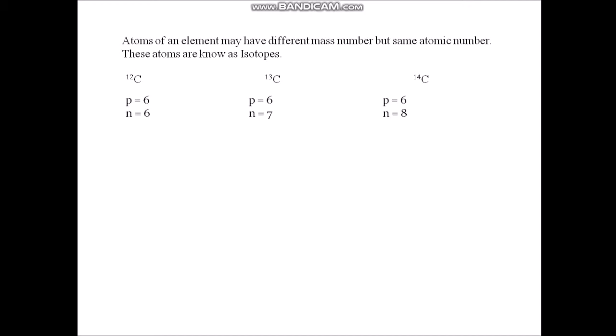Now, these three carbon atoms are all carbon, so they have 6 protons, but they have different mass numbers, that means different numbers of neutrons, and these three carbon atoms are known as isotopes.